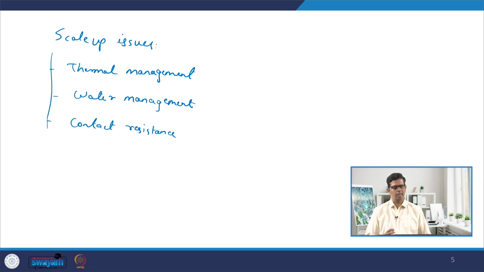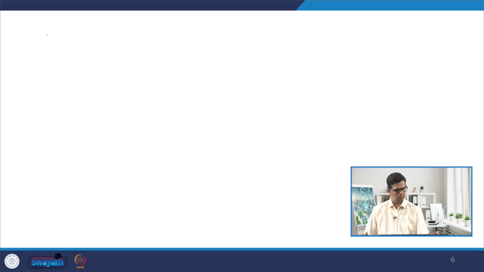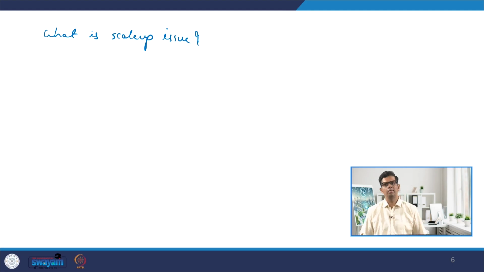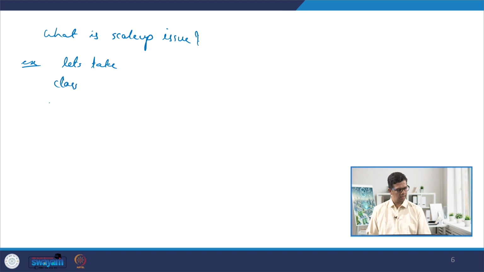So let us first understand what the scale up issue is, and why it becomes so serious or important when the cell size is increased. Let's take the example of a class of, let's say, 10 students.